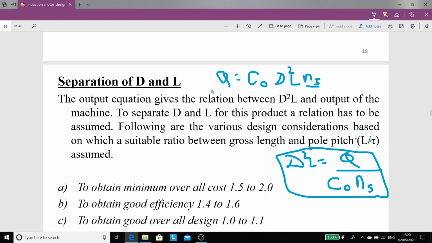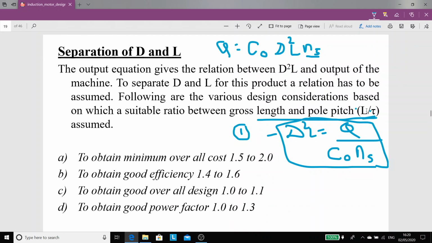To separate out D and L, this is one equation we are getting. The second relation we use is the ratio of the length to the pole pitch, which is required to be decided.